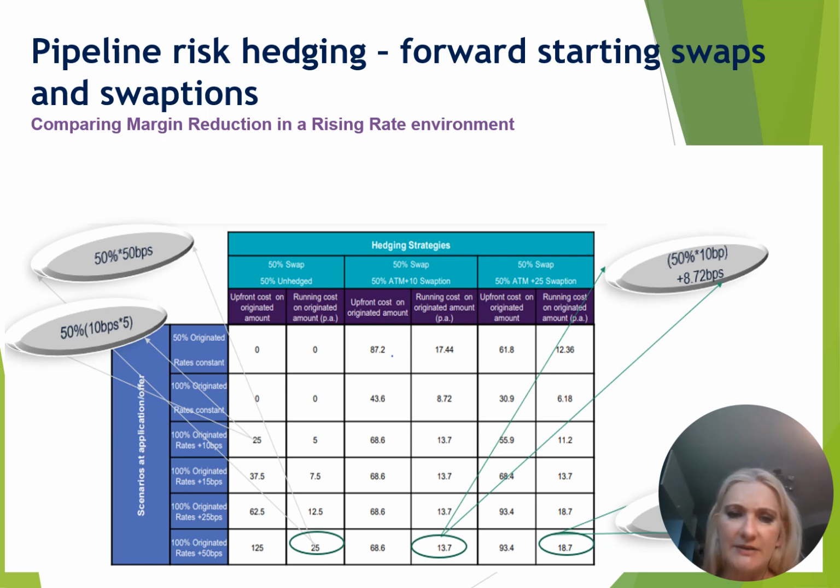And again, under 25 basis points up, you have the cost plus you have the unhedged portion, which is half of this, plus the cost of the option.